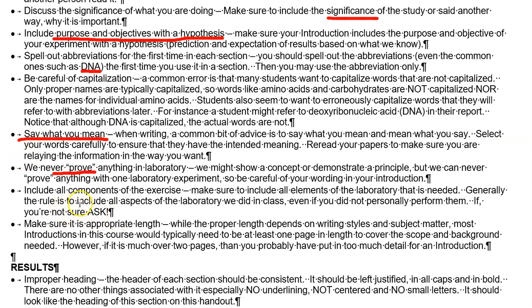Include all elements of the exercise. Make sure all elements of the laboratory are presented. General rule is that if we did it in class, then you are responsible for it, even if we didn't personally perform it. And when I say the exercise, I mean, FOX 1.3a or FOX 1.3b, not both.